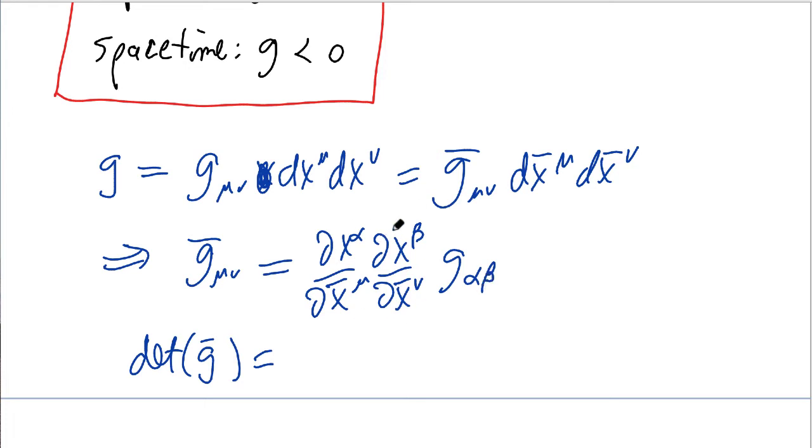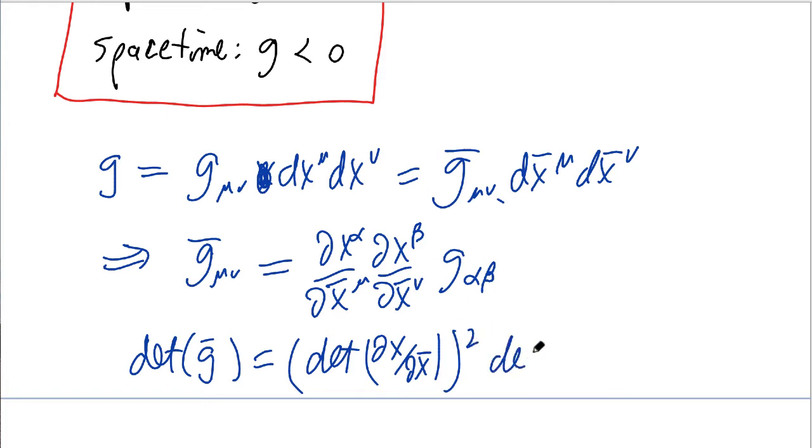It's equal to the determinant of what's on the right-hand side here, but remember when you have a product of matrices, the determinant of the product is the product of the determinants. So this is the determinant of this factor, partial x with respect to x bar, times the determinant of this factor again, so we have two of those, times the determinant of the metric in the unbarred coordinates.